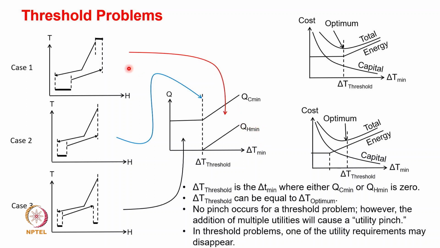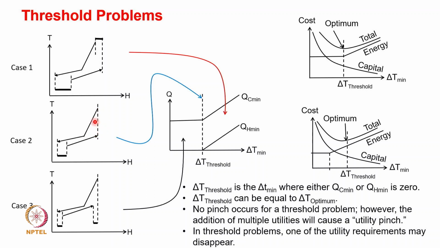So if you move these curves parallel to each other, what we can see is that the delta T min of course changes. The delta T min would reduce, and it would reach a delta T threshold. And at this point, so this is a case of one particular threshold where we see that you don't require any additional hot utility here.